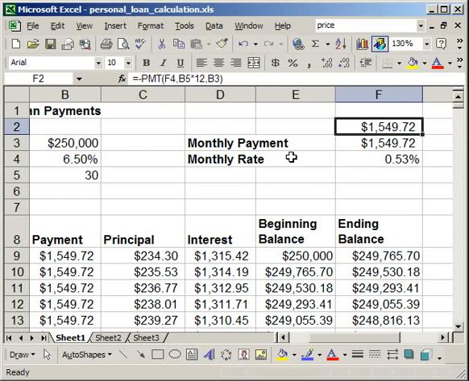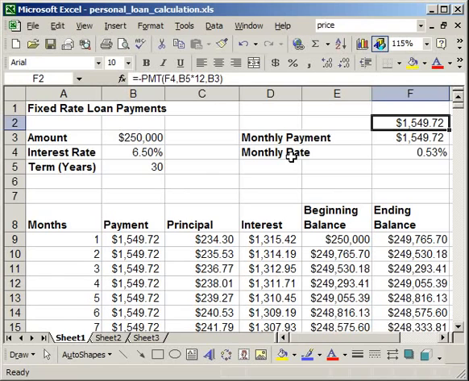So now what that tells you is that your monthly payments for 30 years for a fixed rate of 6.5% per year on a $250,000 loan, the monthly payments will be $1,549.72. So you could stop there and it could be just very basic and show you that.